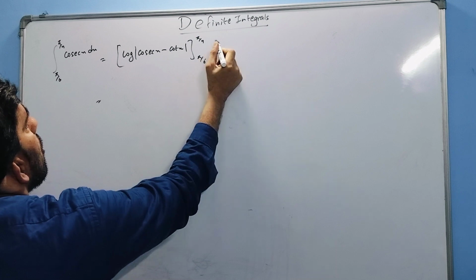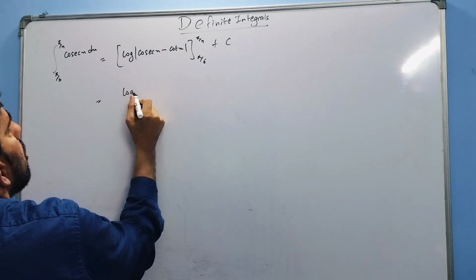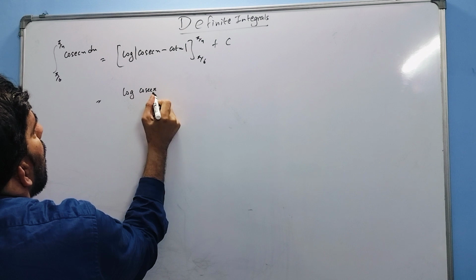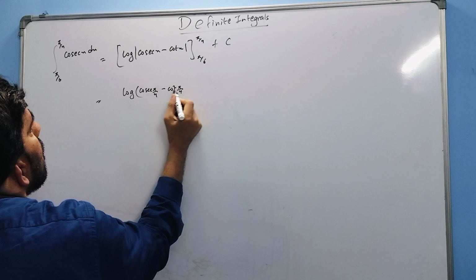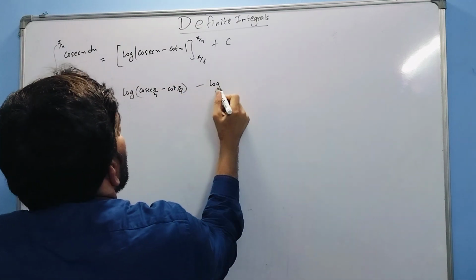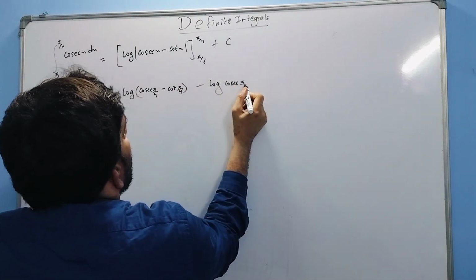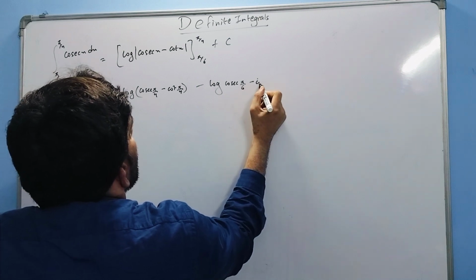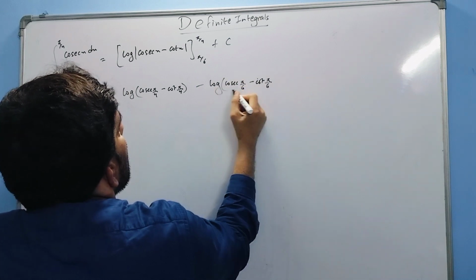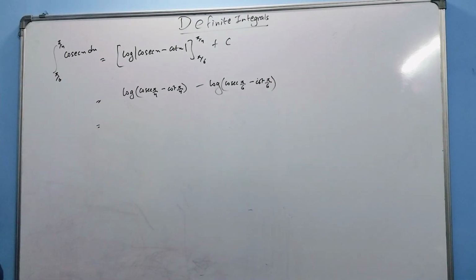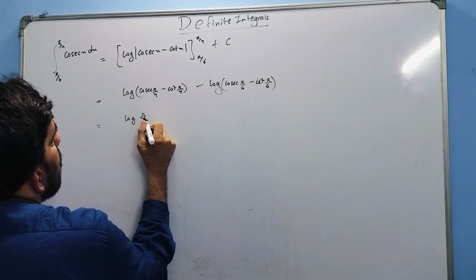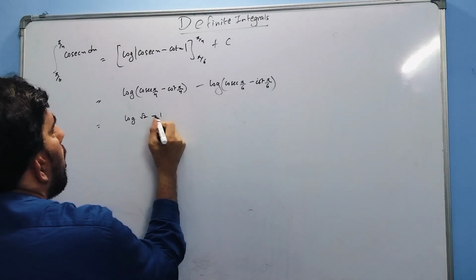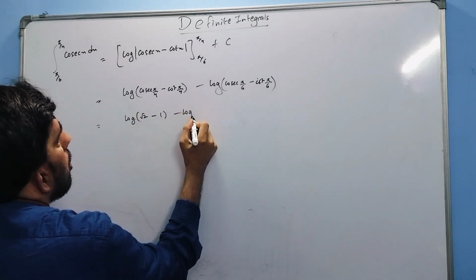So now what will happen, log of cosec pi by 4 minus cot pi by 4, minus log of cosec pi by 6 minus cot pi by 6. Now let us try to solve. Cosec 45 is the reciprocal of sin 45, 1 upon root 2, so it will be root 2, minus cot 45, which is 1.